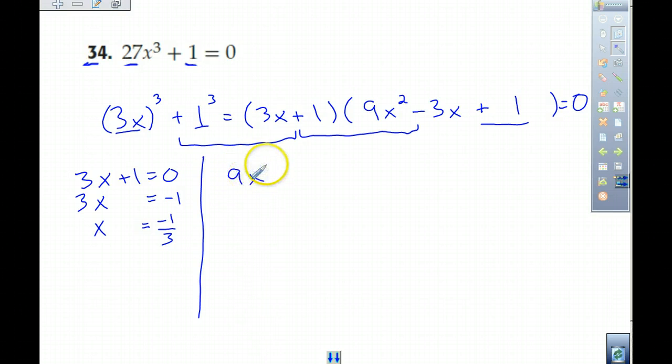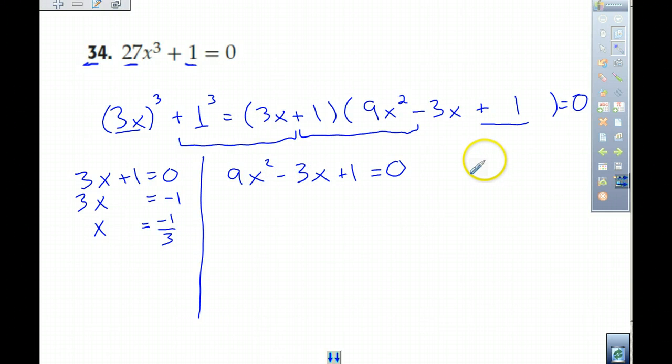Now what about here? How do we solve this? Any ideas? Quadratic.